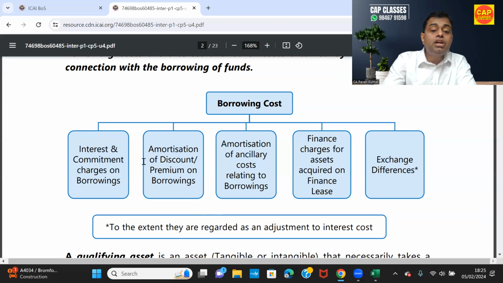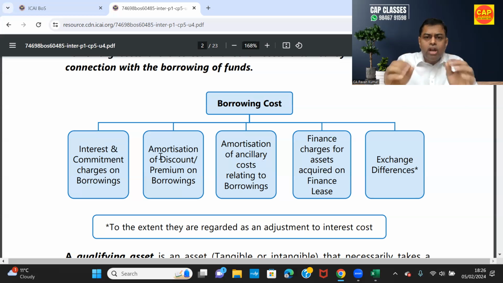Component 2, amortization of discount or premium on borrowings. That means debentures: you issue debentures at a discount or you redeem debentures at a premium. That is also cost, cost of capital. Remember the cost of capital chapter, where you calculated cost of debt as interest plus (redemption value minus issue proceeds) divided by number of years, whole divided by (redemption value plus issue proceeds) divided by 2.